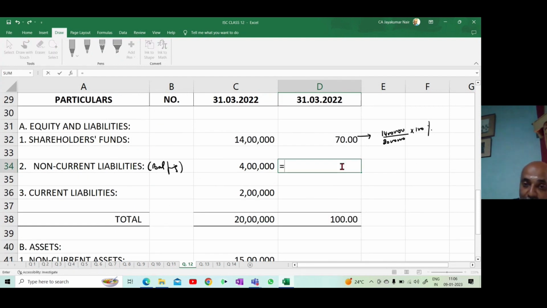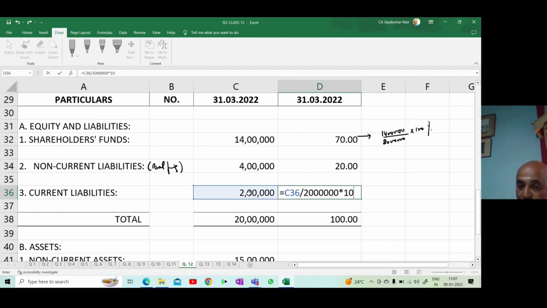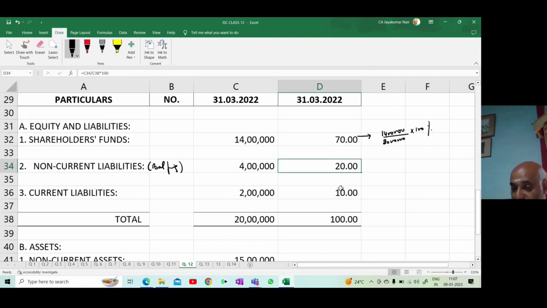So in the same manner, it is 4 lakhs divided by 20 lakhs into 100. So 20%. So again here it is 2 lakhs over 20 lakhs into 100. So you get it in percentage. So 70 plus 20 plus 10 should add up to 100.